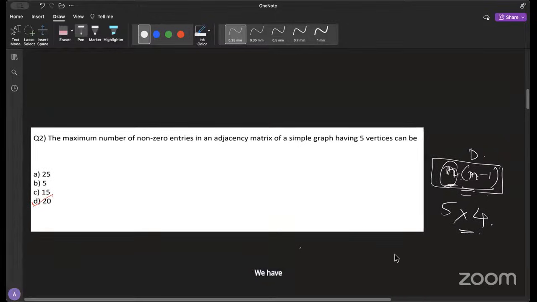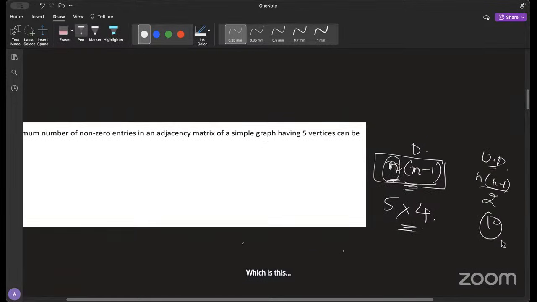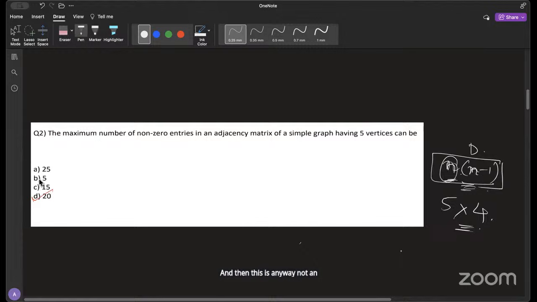We have a formula for the maximum number of edges, right? We did this in the previous class, which is this. And the other one is anyway not an option here, so you don't have to worry about it. Ma'am, we got to know it's a directed graph from the adjacency matrix? No, we didn't get to know that it's a directed graph from the adjacency matrix.